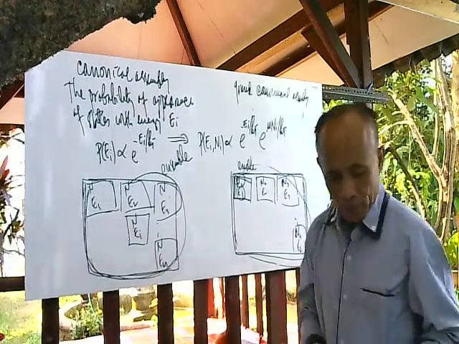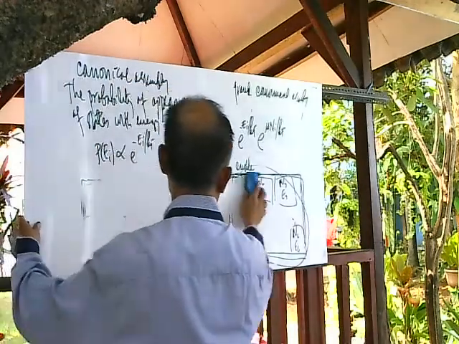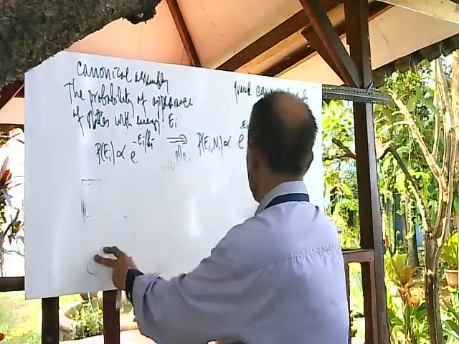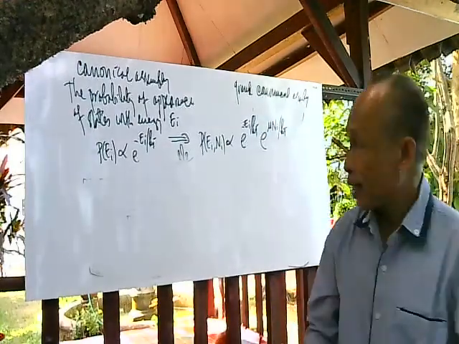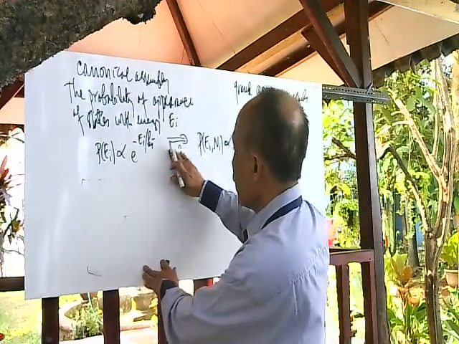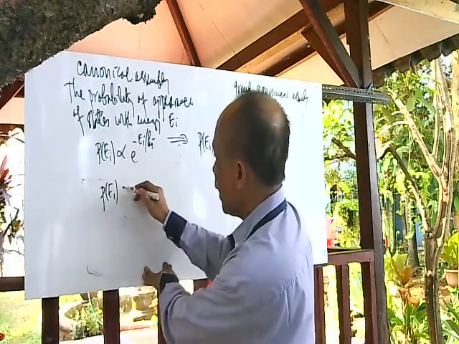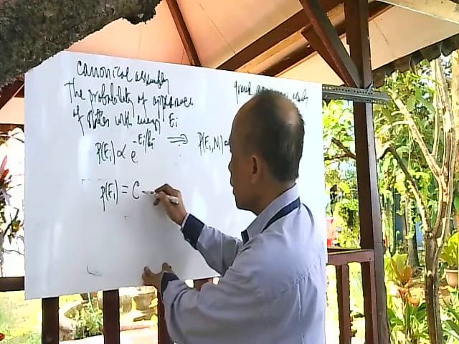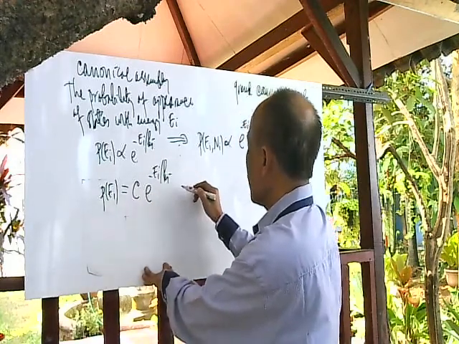Because it is proportional, we need to make the relationship an equality. To have an equal sign, we multiply with a constant, A, over kT.